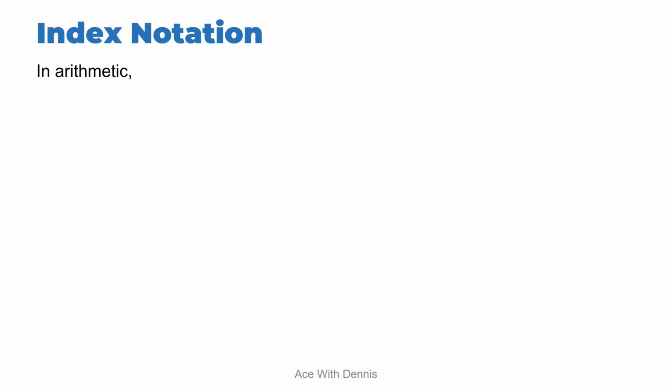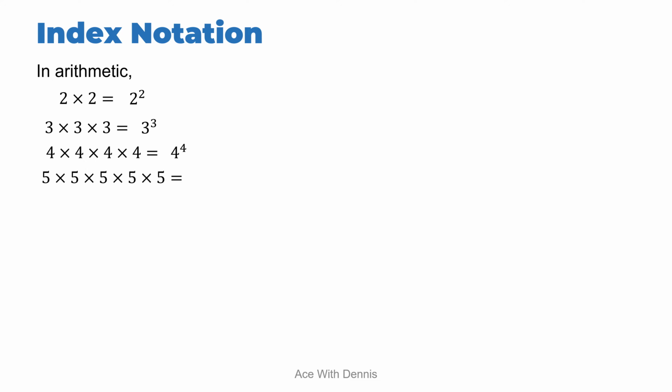Index notation. In arithmetic, 2 times 2 can be written as 2 squared, 3 times 3 times 3 can be written as 3 cubed, 4 times 4 times 4 times 4 can be written as 4 to the power 4. 5 times 5 times 5 times 5 times 5 can be written as 5 to the power 5.